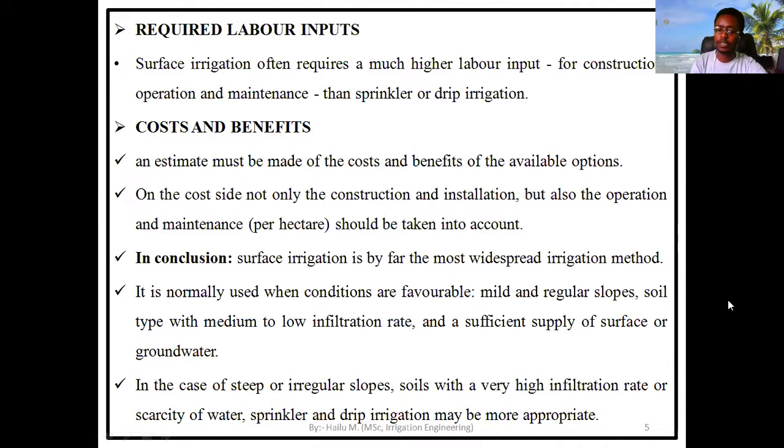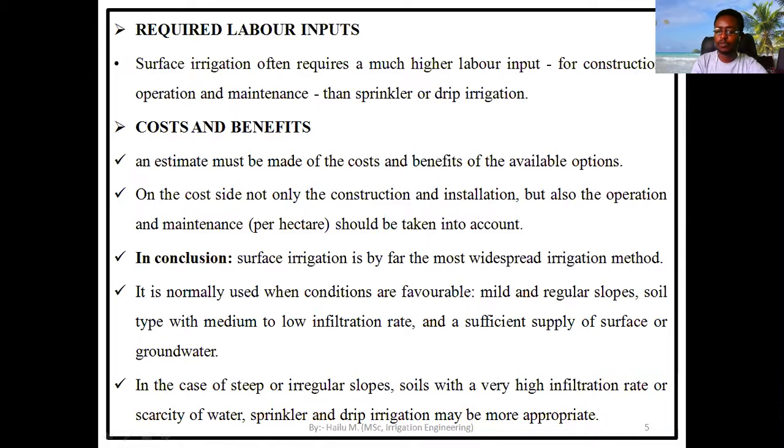To conclude, surface irrigation is by far the most widespread irrigation method. It is normally used when conditions are favorable, that means when slopes are mild and regular, when the soil has a medium to low infiltration rate, and a sufficient supply of surface or groundwater is available.